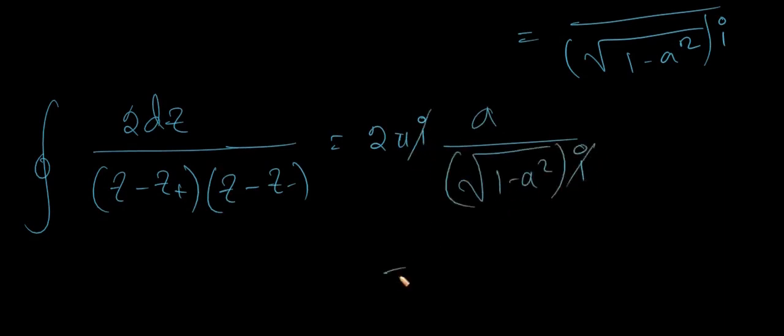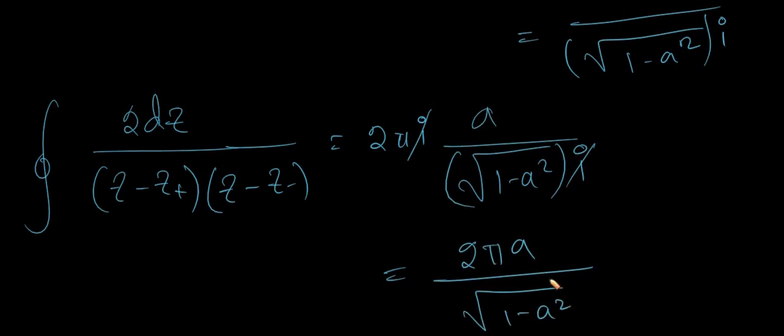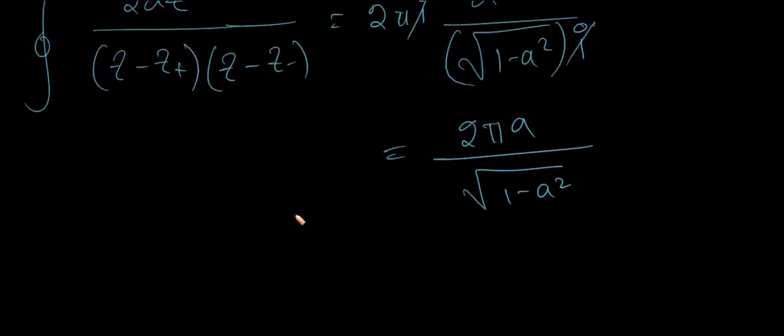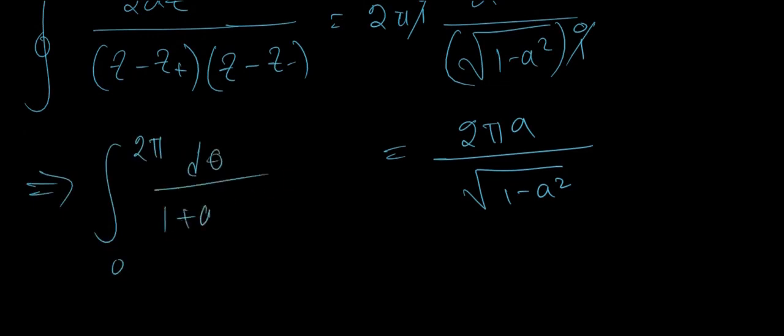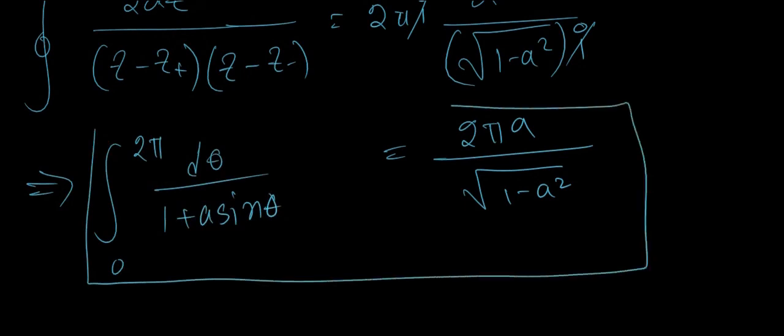This i cancels out, and you will have a result something like this: 2 pi a 1 minus a squared, and there's a square root over it. But this integral was equals to what? This integral was equals to 0 to 2 pi d theta 1 plus a sine theta, right? So finally you will have the result that you desire.